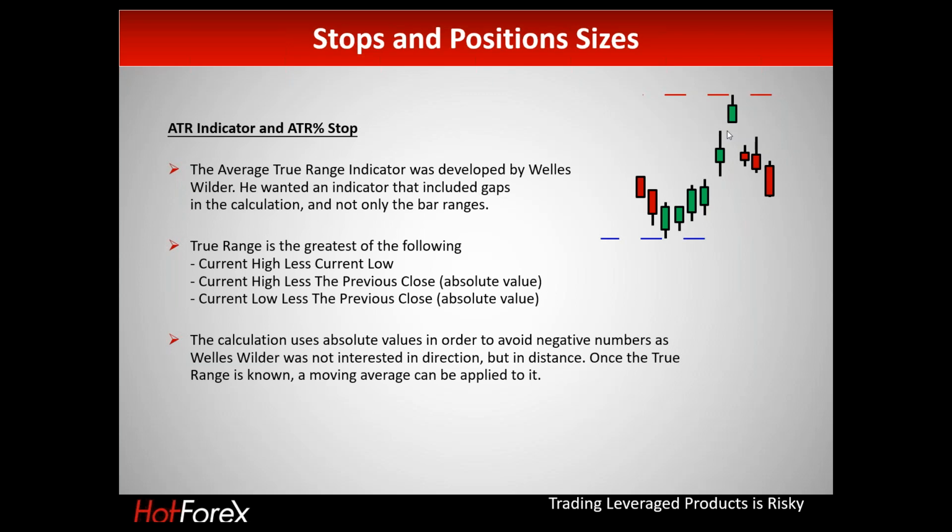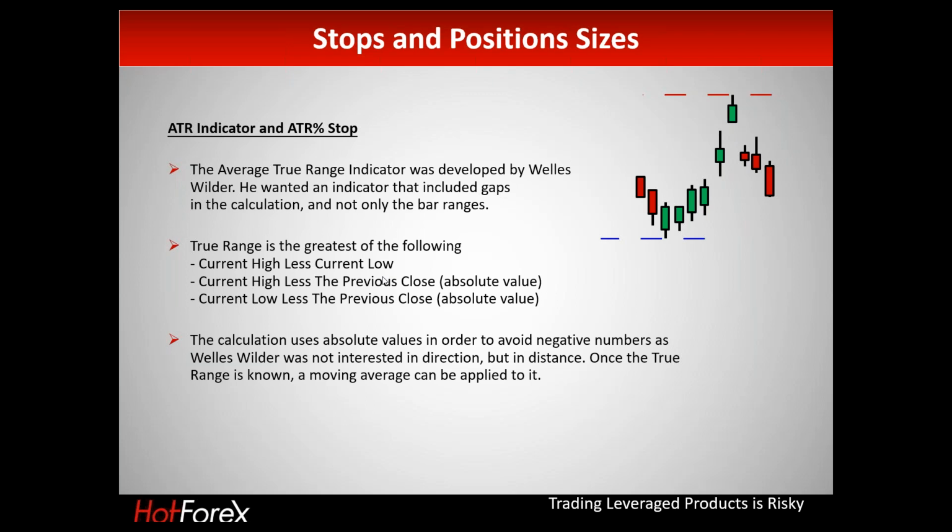What we mean by true range is the highest of these true values: the current high minus the current low, the current high minus the previous close, and the current low minus the previous close. The one that gives us the greatest number is considered to be the true range.